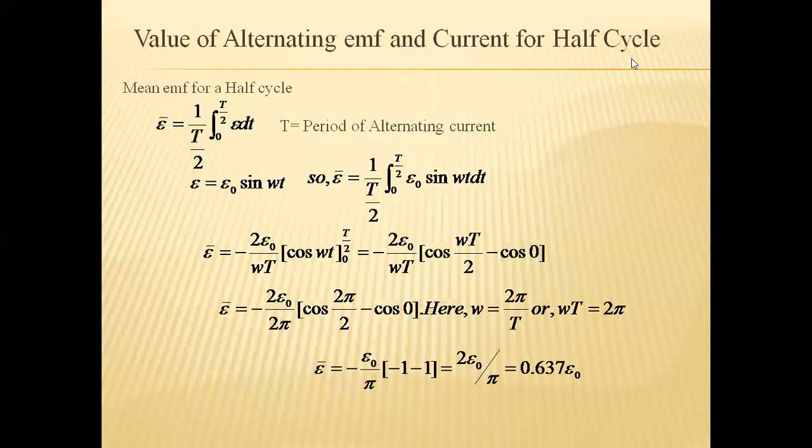So we know 2 E naught by pi, that means the value of 2 by pi is equal to 0.637, and it is just like the current flow. So the main equation, I bar is equal to 2 I naught by pi, that means 0.637 into I naught.